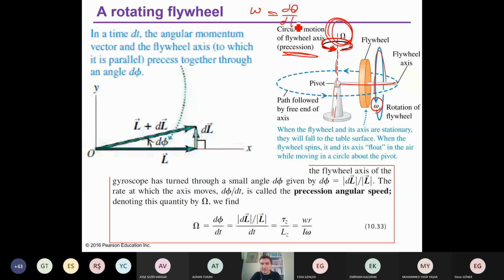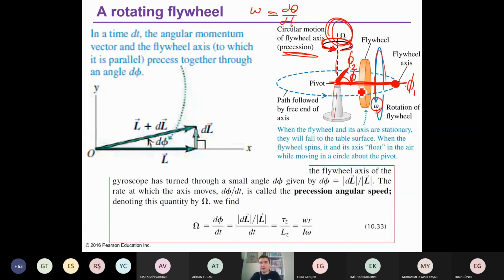So let's choose that this is the initial position of the complete system, and now they are here. This is the initial angle phi. Let's say this is the final angle phi 2, okay? And then this is the phi angle.